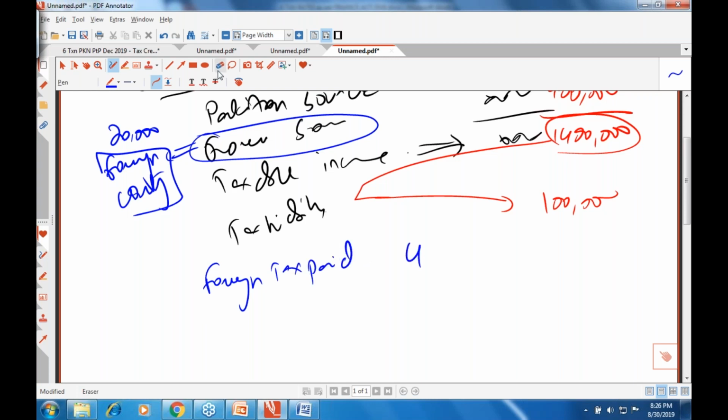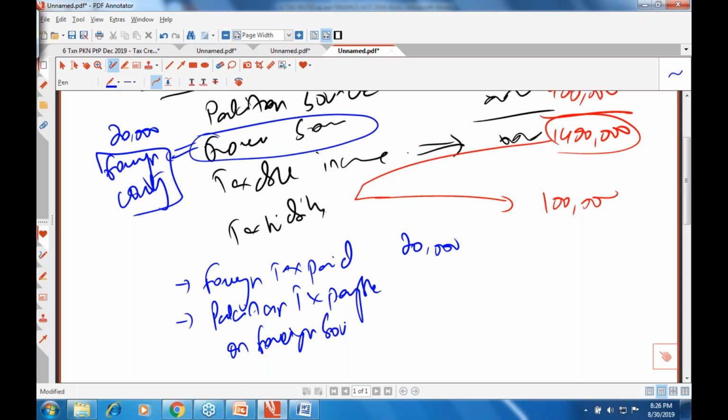Here we have the foreign tax paid, which turns out to be 20,000. Then we need to see the Pakistan tax payable on foreign source income.